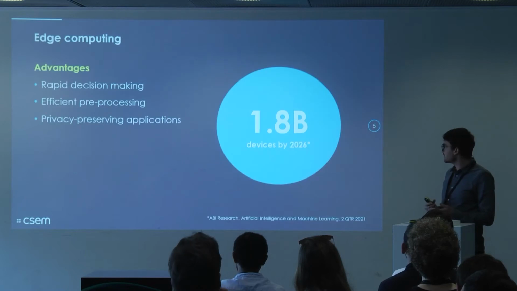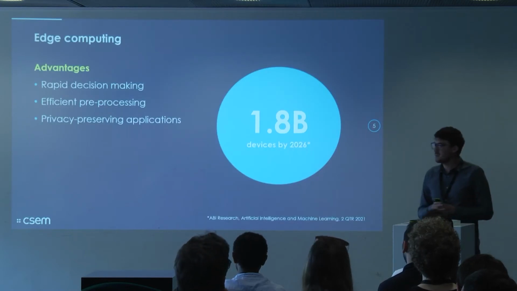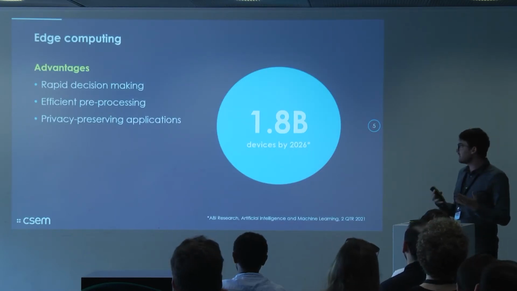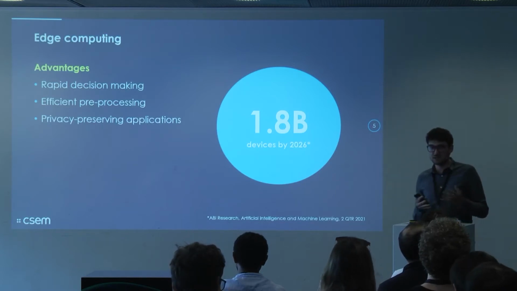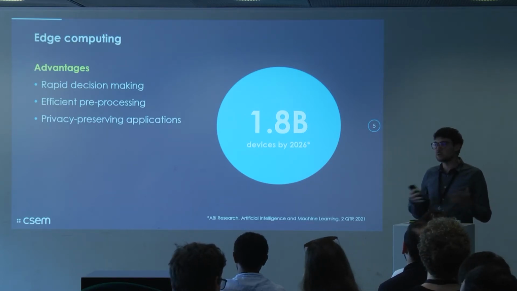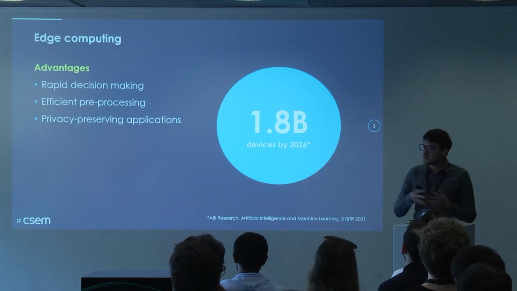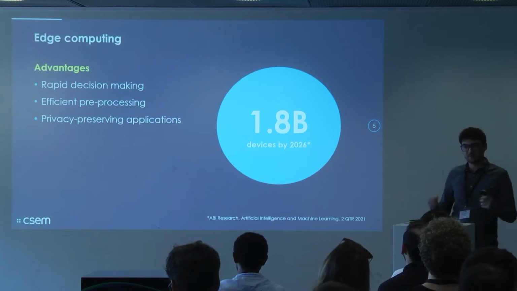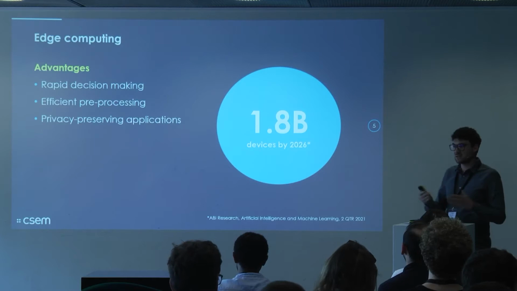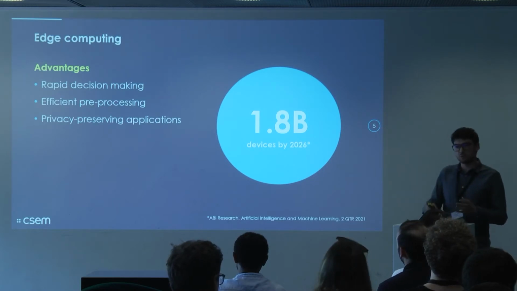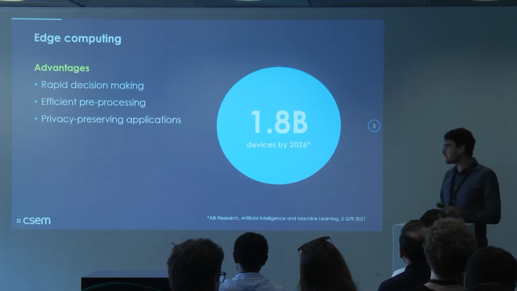And one solution is to use edge computing. Edge computing provides several advantages: rapid decision-making in scenarios like, for example, autonomous cars. You need to have a fast decision in case of a pedestrian walking by. You don't want to send the data to the cloud and back.